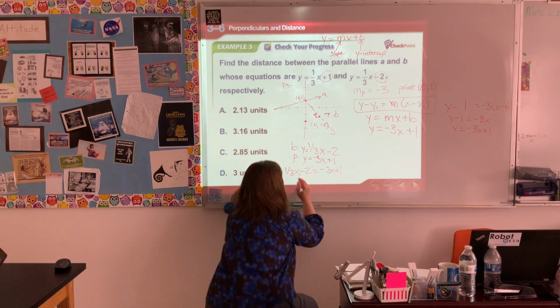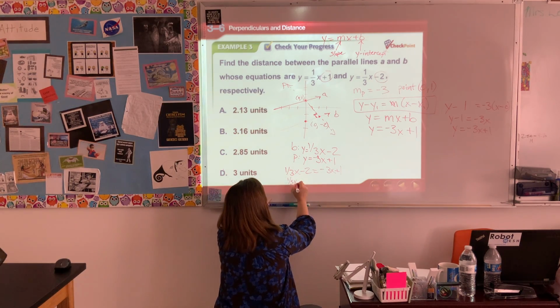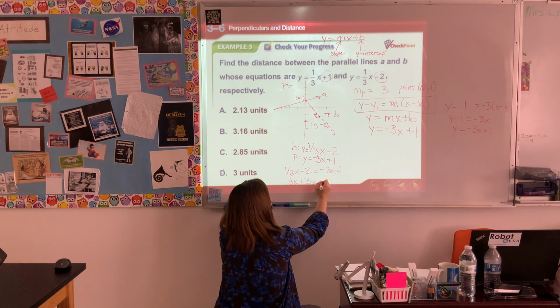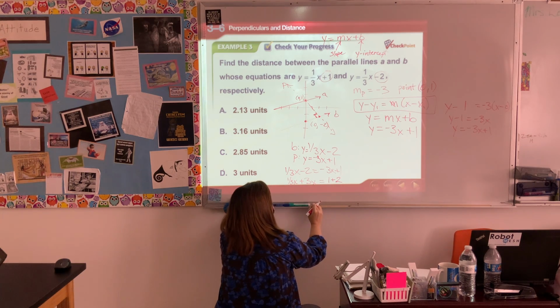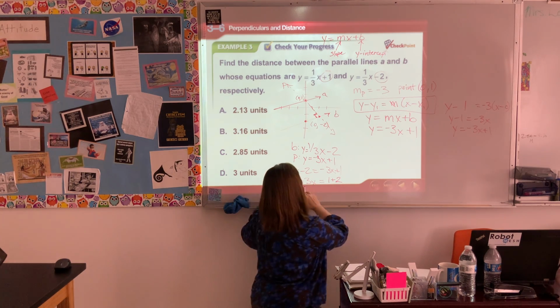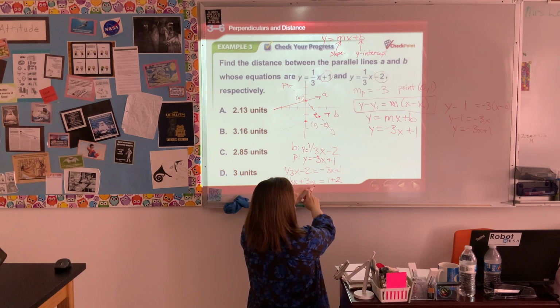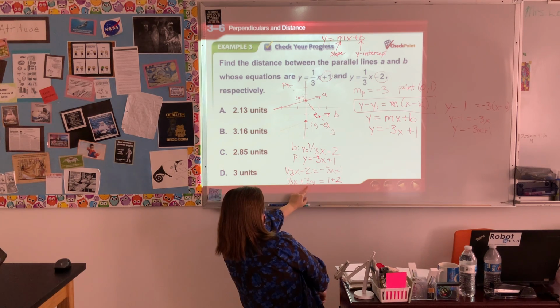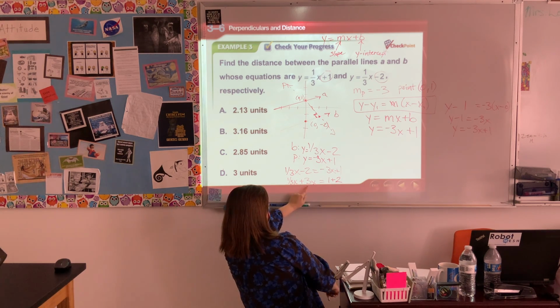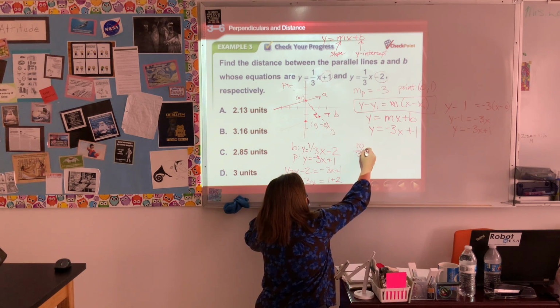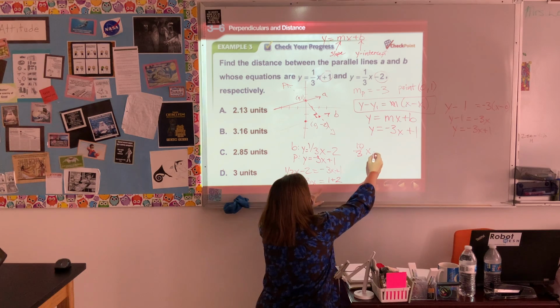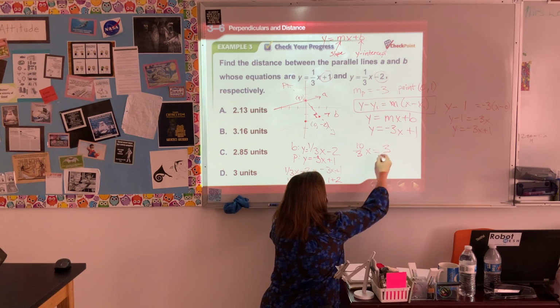Combine like terms. 1/3 x plus 3x is equal to 1 plus 2. How many over 3? This will be 9/3 plus 1, so we have 10/3 x is equal to 3.